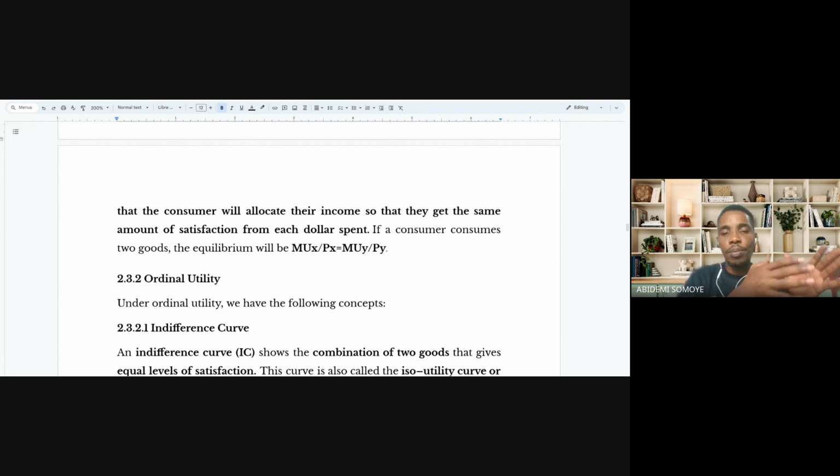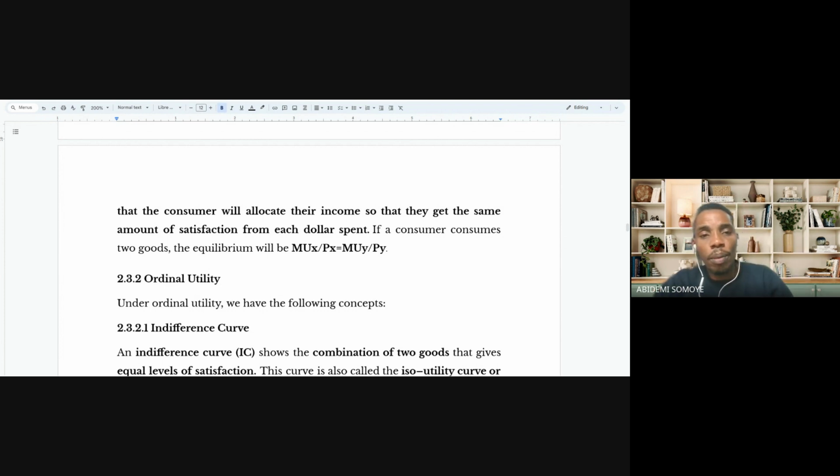So the law of diminishing marginal utility says the more and more of a good that you consume over time, the lesser satisfaction that you have. Okay, to a state where any extra that you consume of that good will lead to your marginal utility becoming negative. Okay, that's when total utility is at maximum.